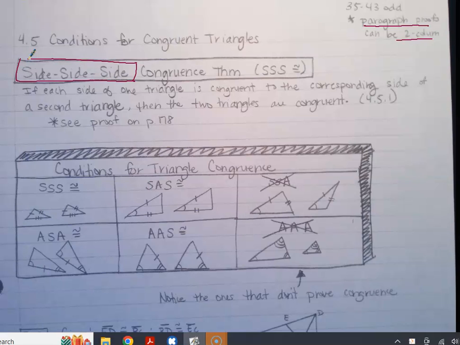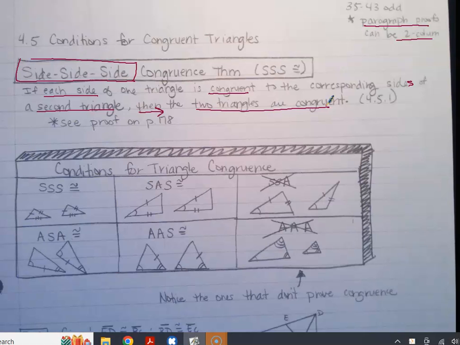If all the sides are congruent in two corresponding triangles, then the triangles are congruent. That's exactly what it says. If each side of one triangle is congruent to the corresponding side of a second triangle, or to the corresponding sides, plural, then the two triangles are congruent. Ta-da!